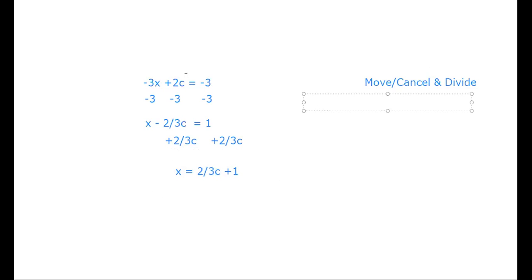For me, I like to get rid of that other term and leave the variable for last, but I'm not going to dictate that to you, because that might not be how you see the problem. So x equals 2/3 C plus 1 is the answer? That is the answer.